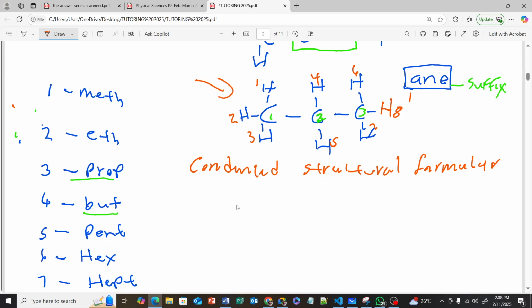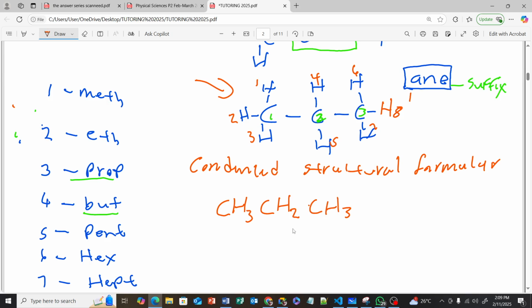So you reduce it. Now we have a carbon. How many hydrogens are bonded to that carbon? 3. Then we have another carbon, which is CH2, then we have another CH3. So this is called the condensed structural formula.